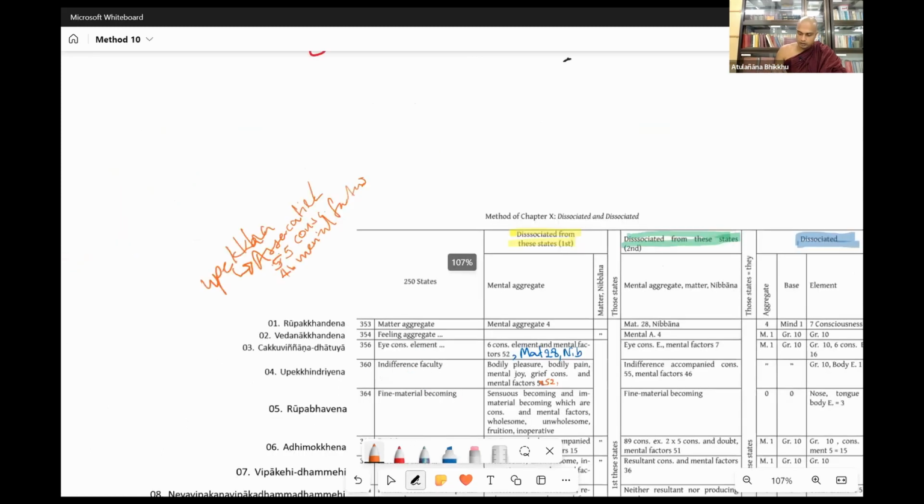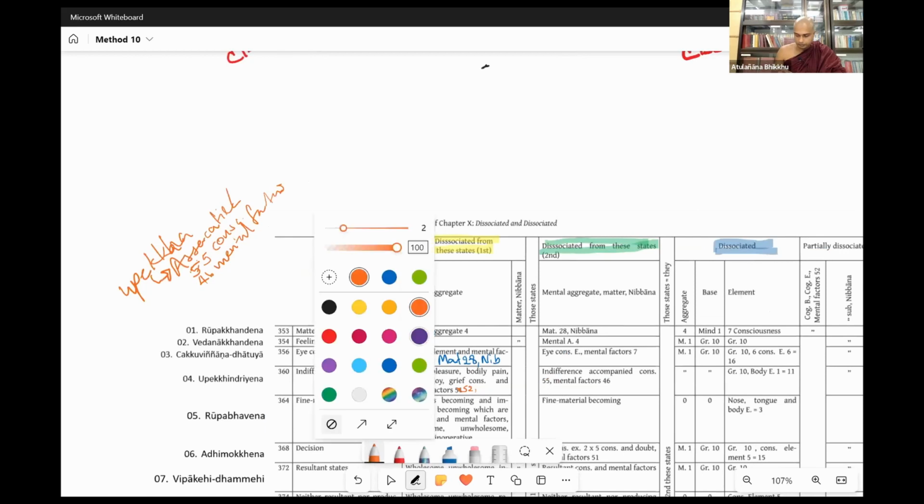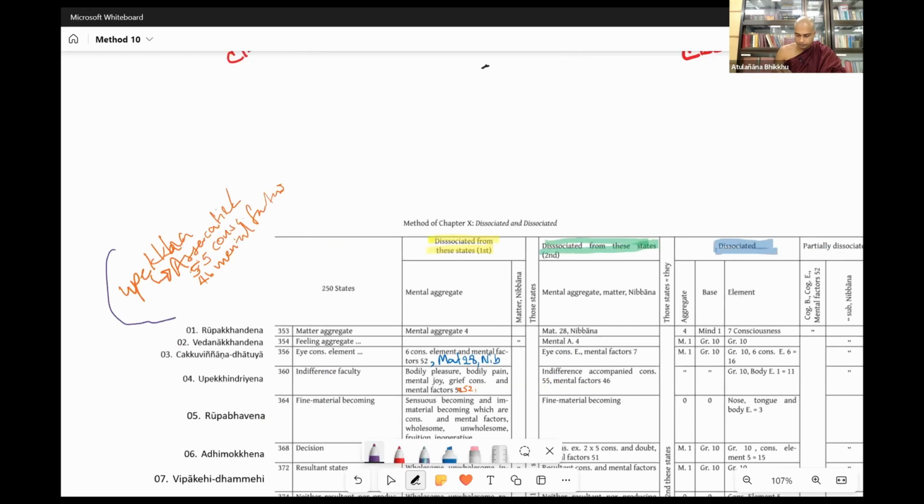So when you look at the disassociation with the other types of vedana, right?